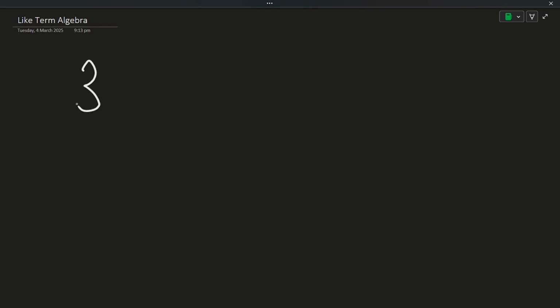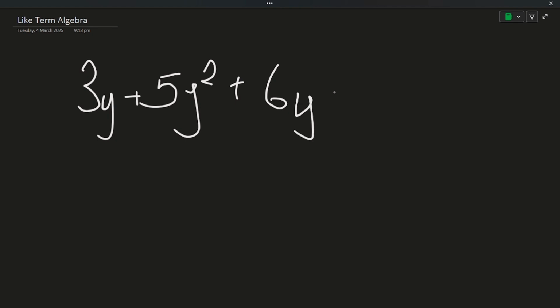Let's do 3y plus 5y squared plus 6y plus 4y squared, right?